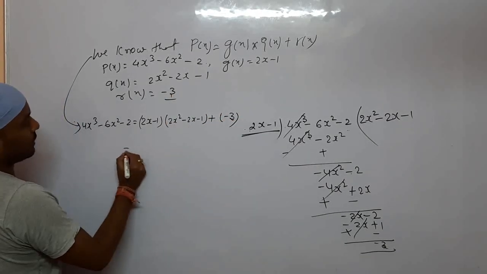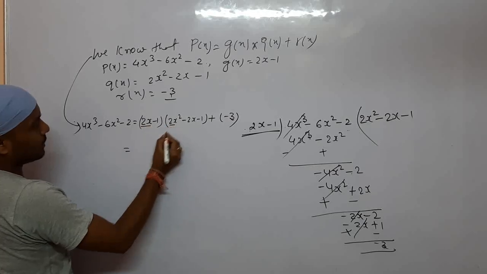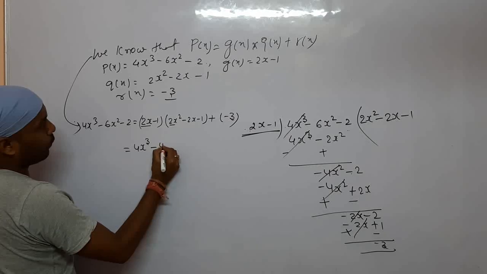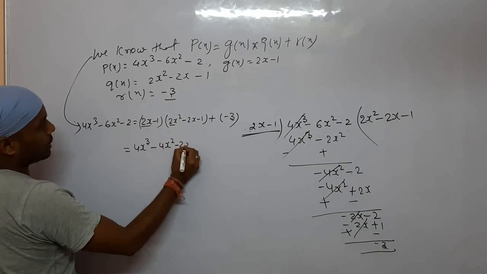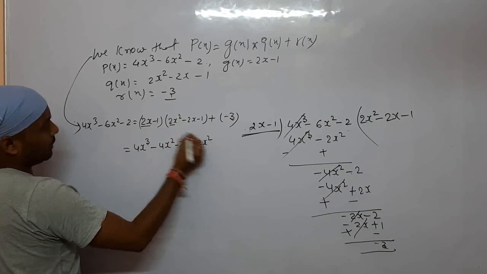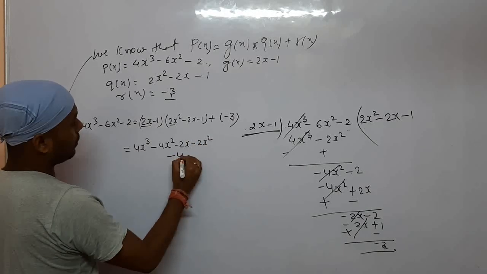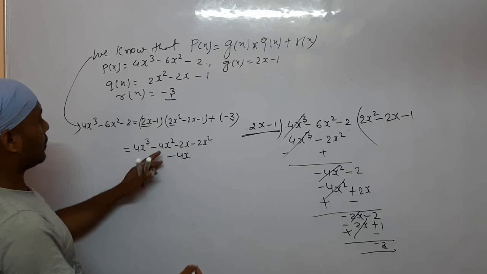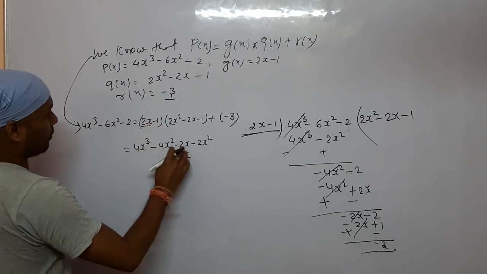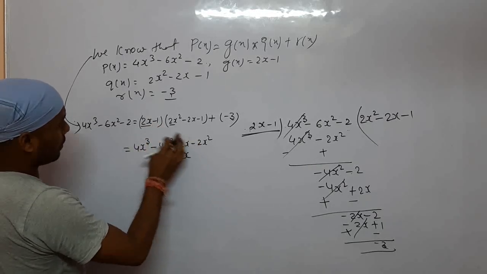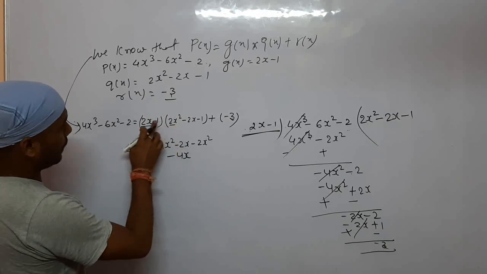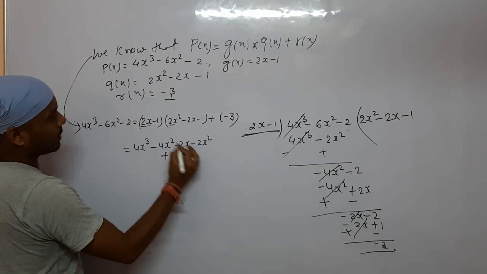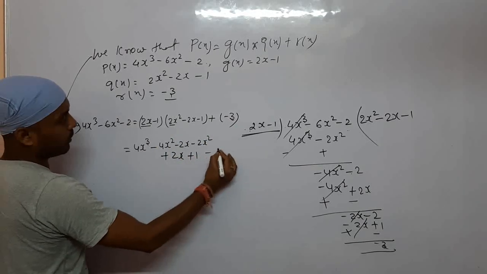Okay, just multiply this by this: 4x cube minus 4x square minus 2x minus 2x square minus 4x minus 2x minus 2x square plus 2x plus 1, and here's the minus 3.